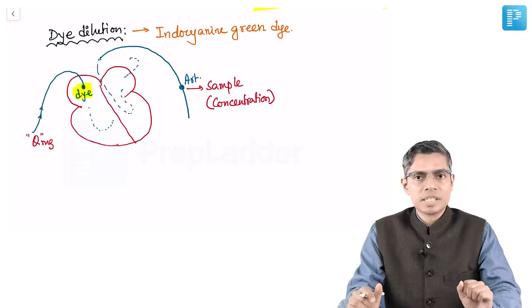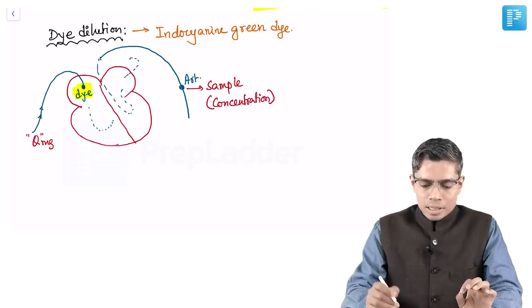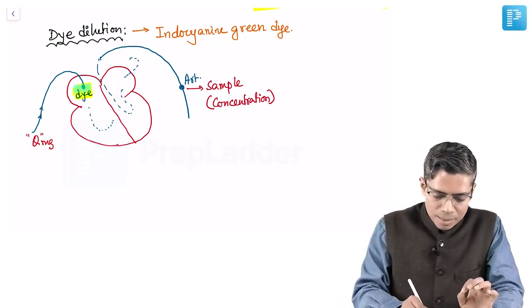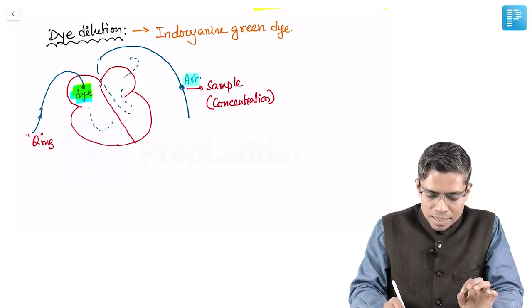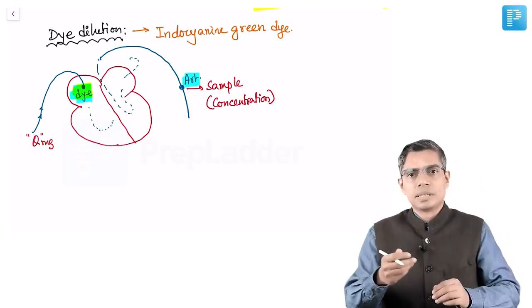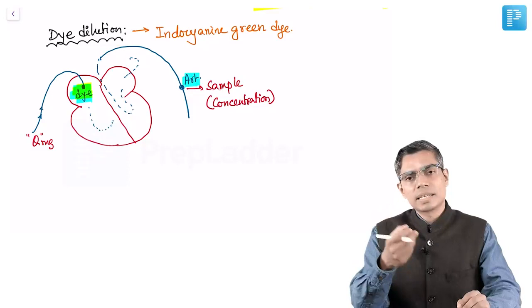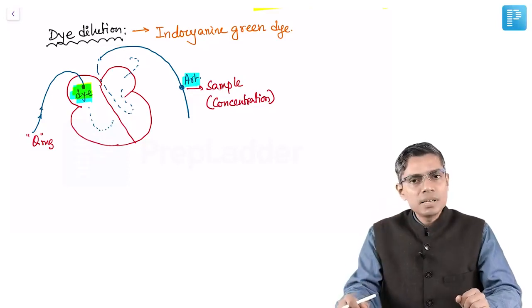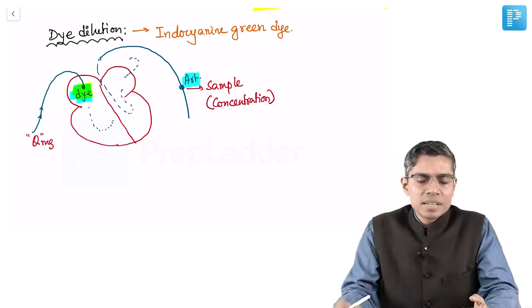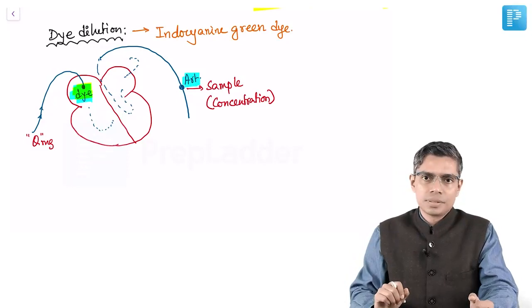You have already injected a certain amount of dye and you are taking multiple arterial blood samples at regular intervals, continuously, from the brachial artery or maybe the radial artery, and measuring the concentration.